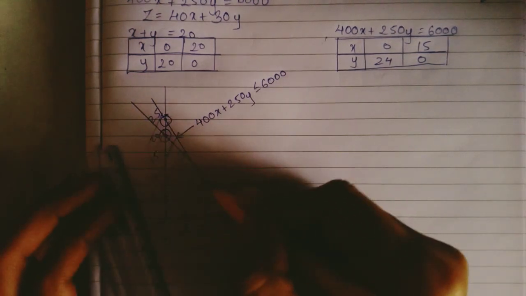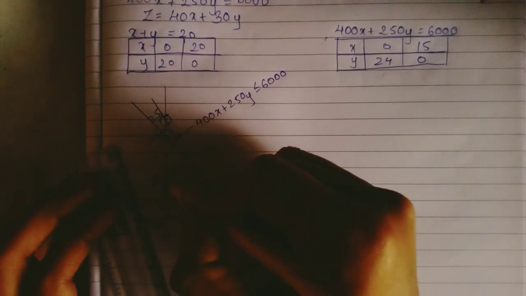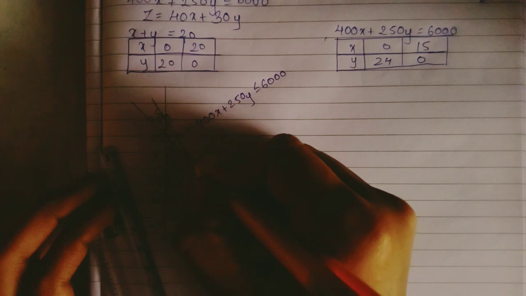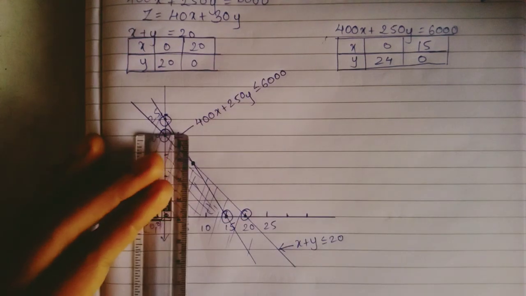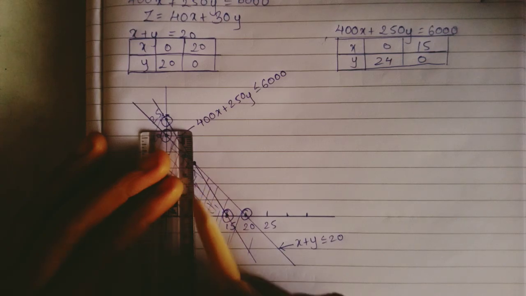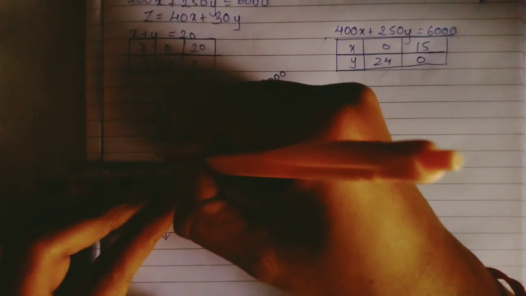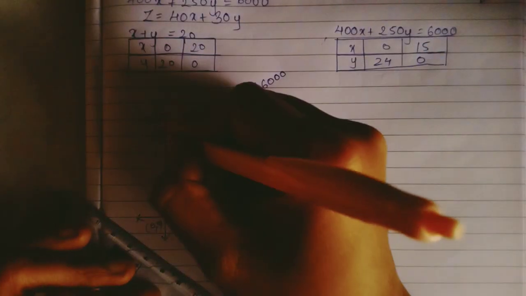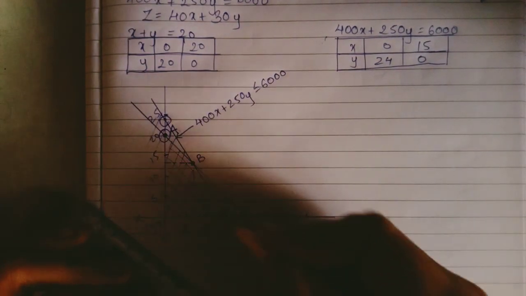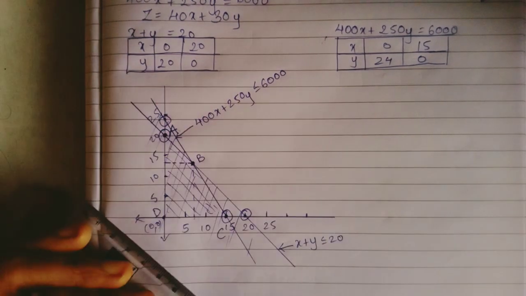Here also. So this becomes your common region, and this point you have to find. So this point is our A point, B point, C point, and D point.